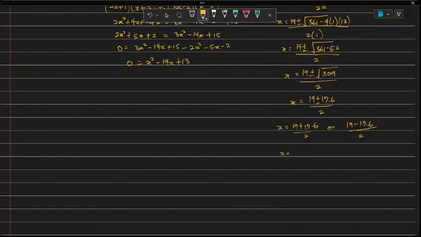That's 36.6 divided by 2 is 18.3, or 19 minus 17.6, that's 1.4 divided by 2, 0.7. I hope we understood how we solved it. Don't forget, if you don't understand, feel free to pause the video, replay it as many times as is necessary.